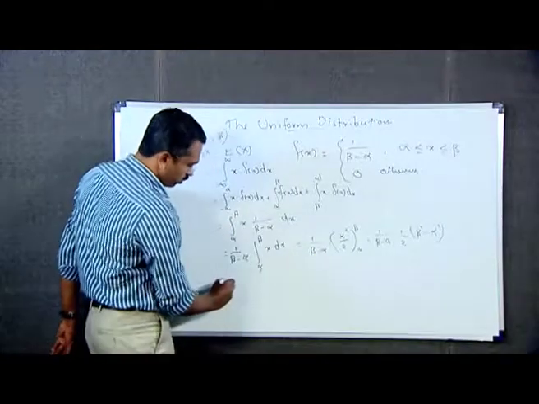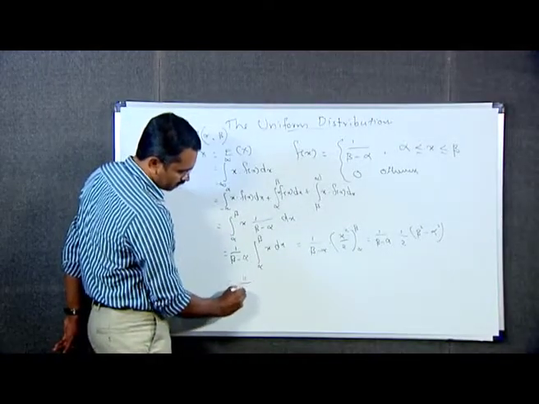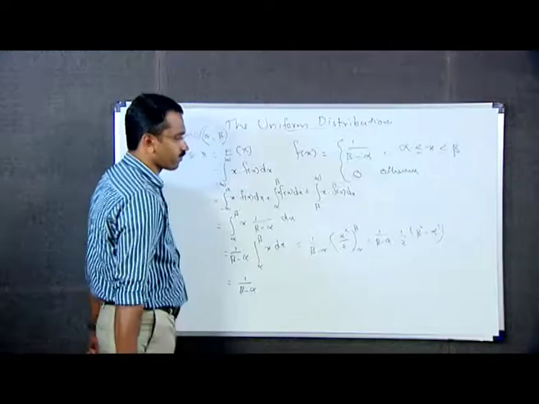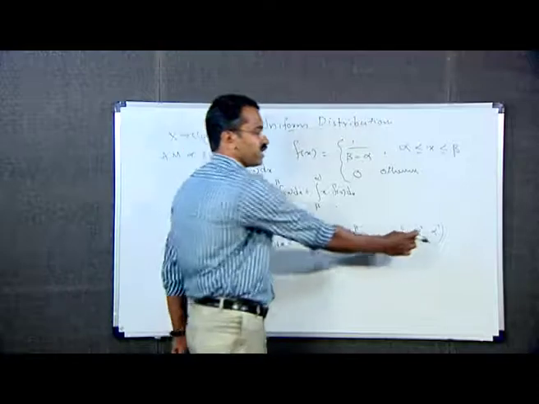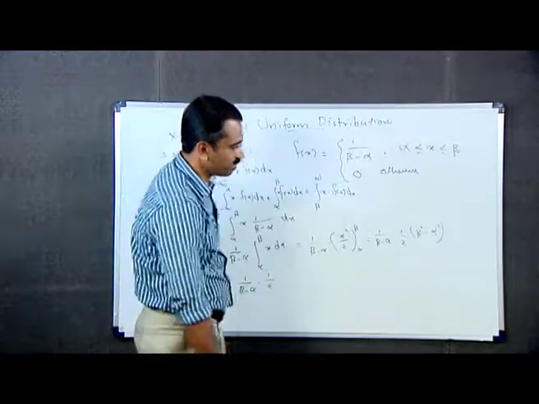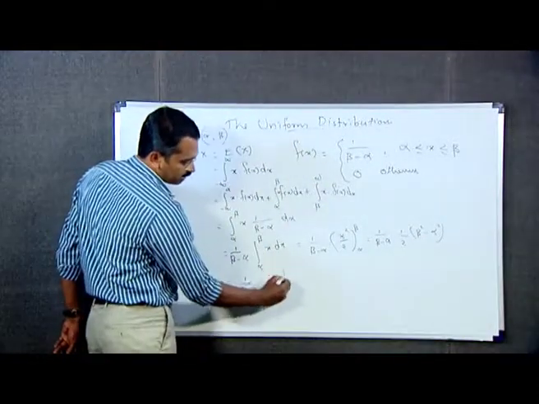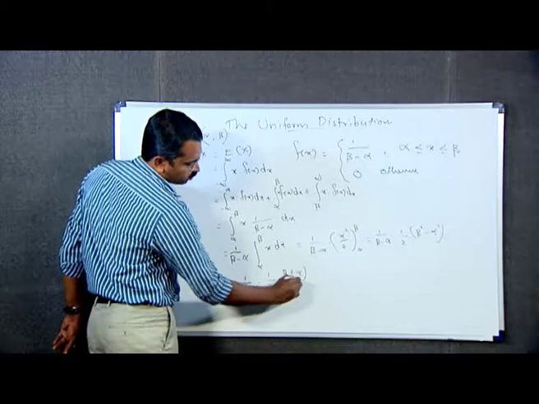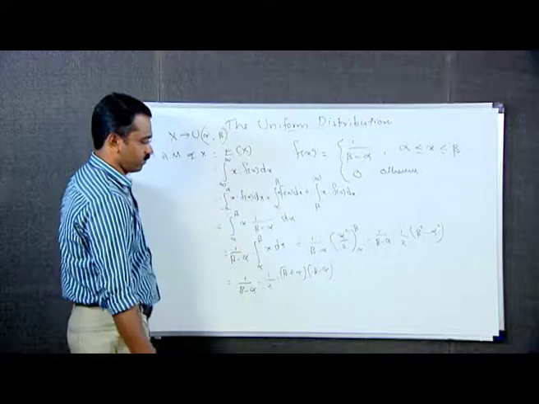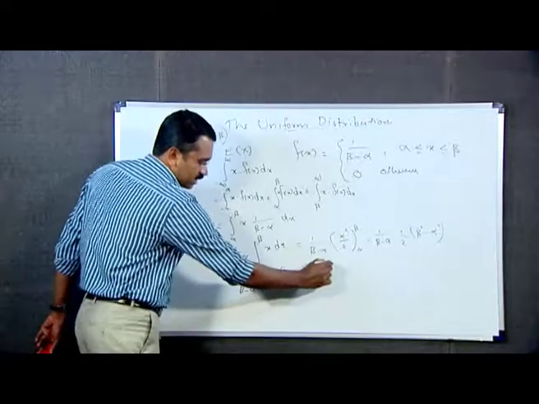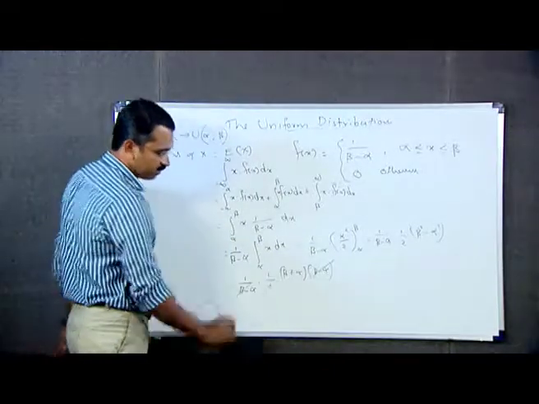That is equal to 1 by beta minus alpha into 1 by 2 into beta square minus alpha square, which can be written as beta plus alpha into beta minus alpha. This beta minus alpha and beta minus alpha cancel.